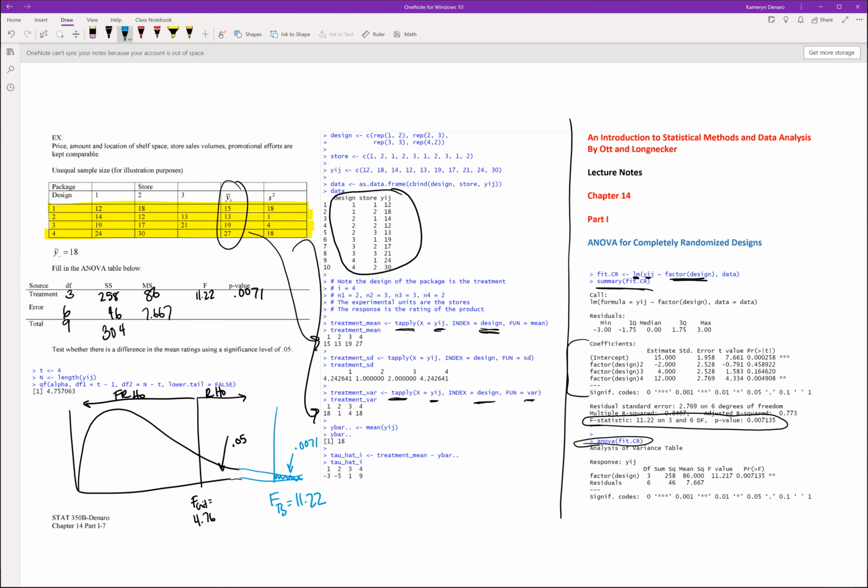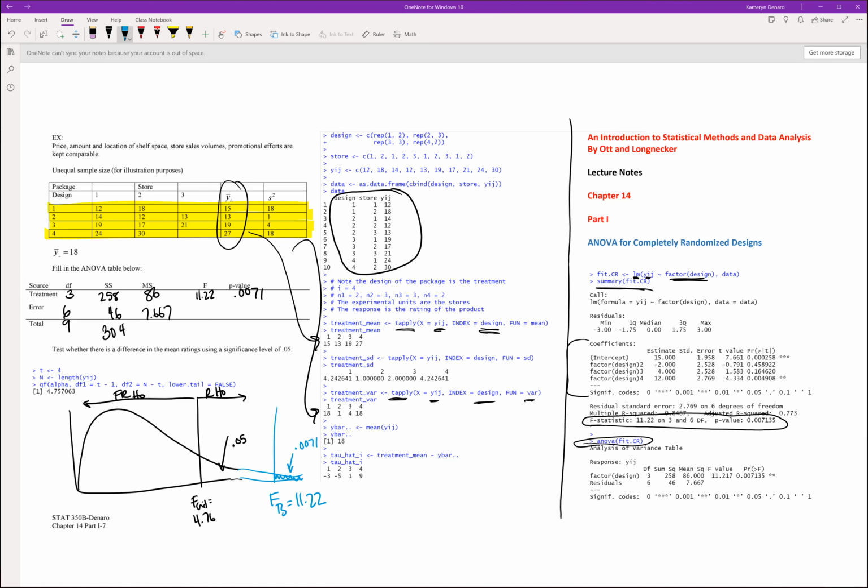Now, overall, when I see this, I could have just looked at those original means and said, okay, I see mean ratings 15, 13, 19, 27. Just eyeballing that, it looks like group 4 has much higher ratings than the rest. So that package design is probably much better for group 4.